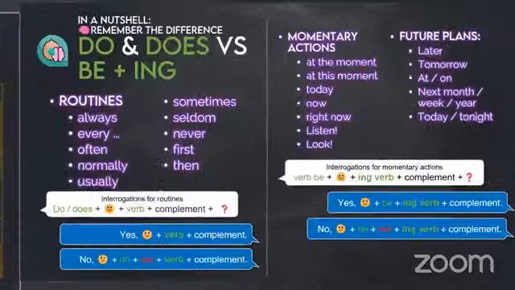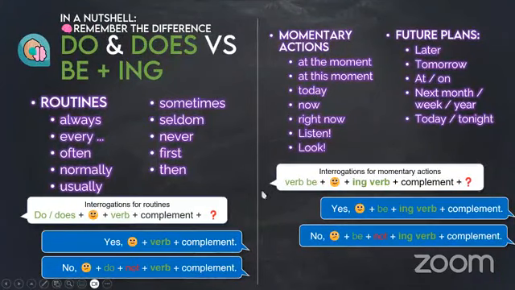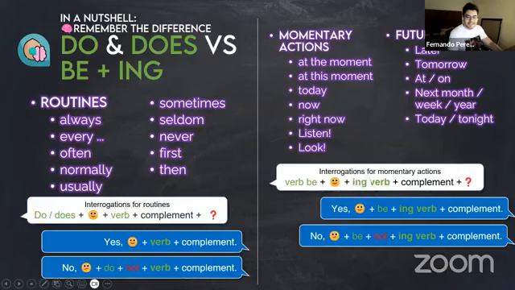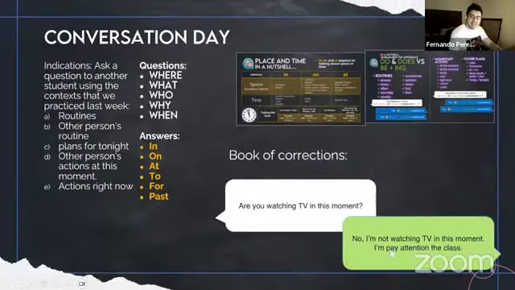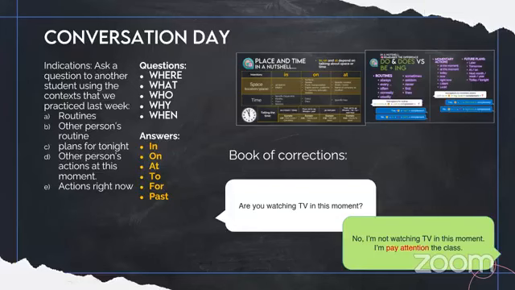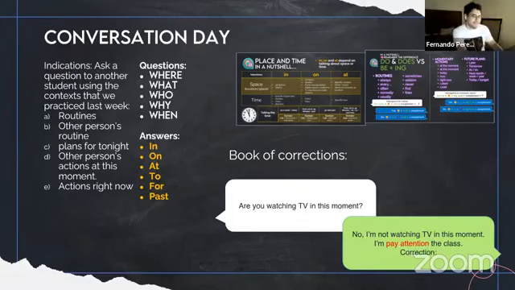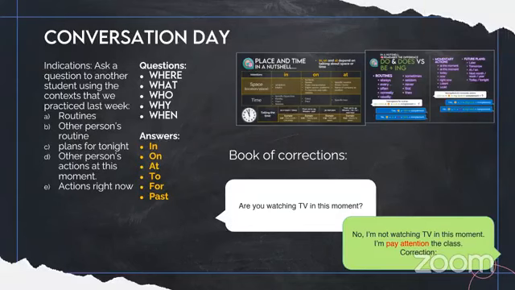Pay attention is a verb. Do you need the verb in simple form or do you need the verb in ing? ing. Paying. Complete. I'm paying attention the class.